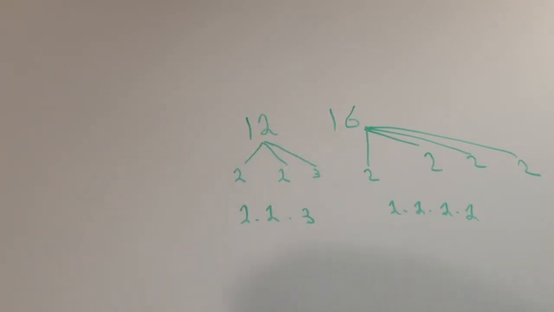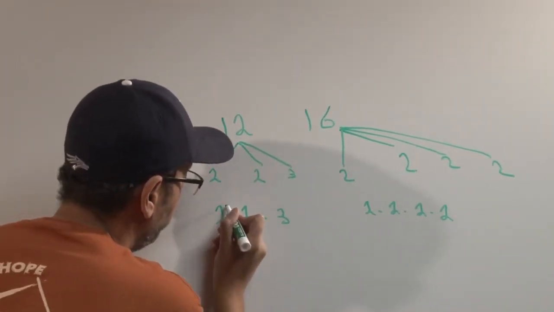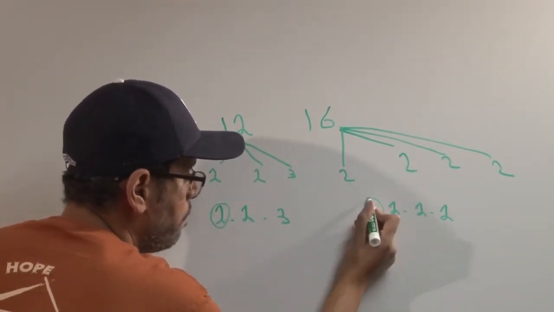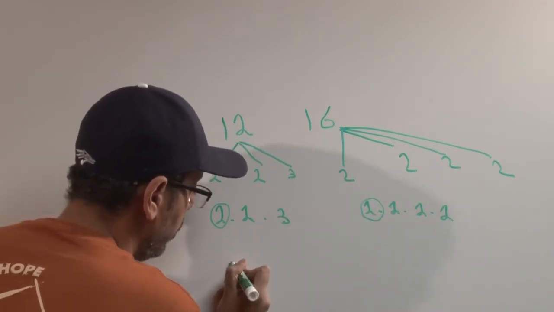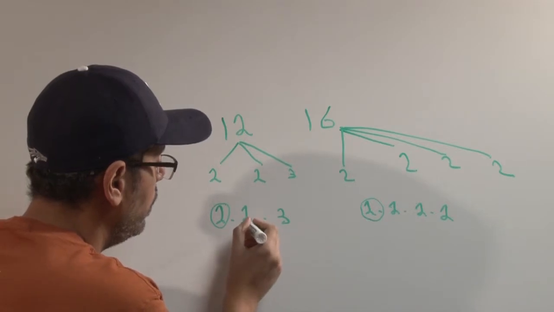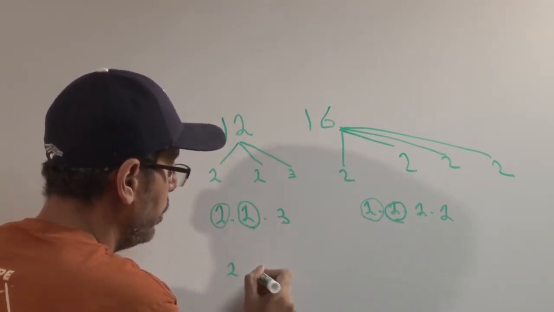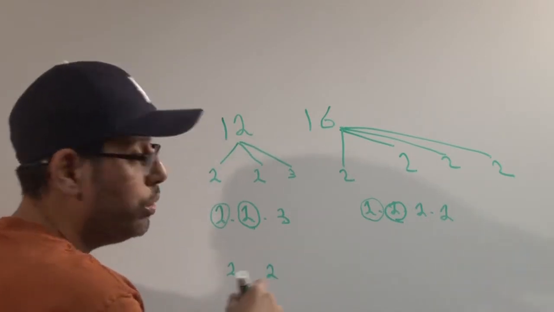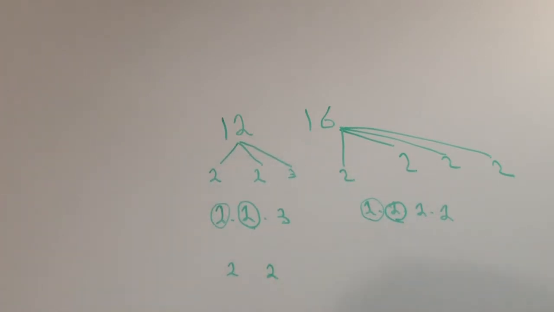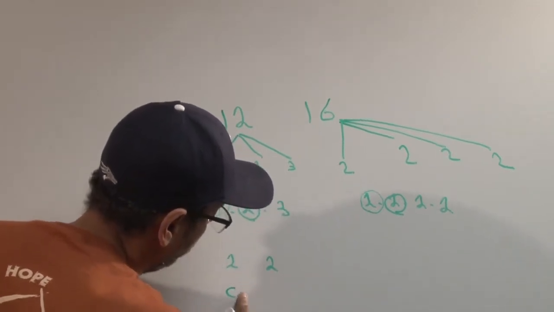Let's get the common prime factor here. 2 and 2. So 2 is a common factor, and 2 and 2 is a common factor. So I have 2 2's.